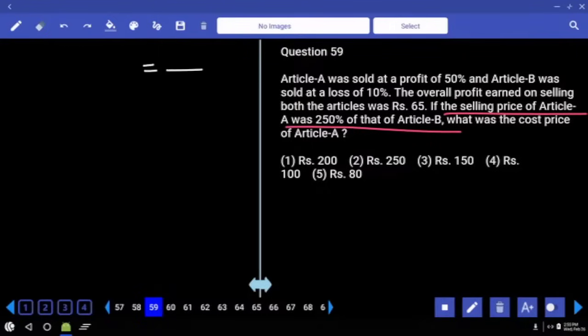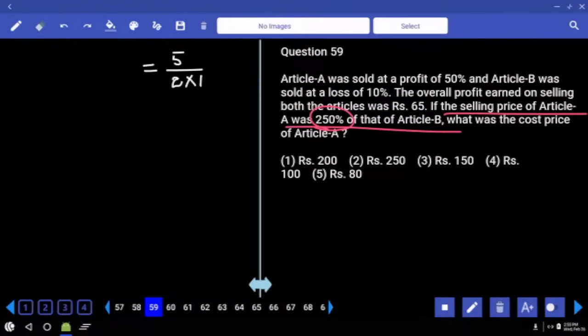If B is 1, A becomes 250%, how much? 2.5. Decimal is there, right? So to eliminate decimal, what I will do is, B is equal to 1. 2.5 I will write it as 5 by 2.